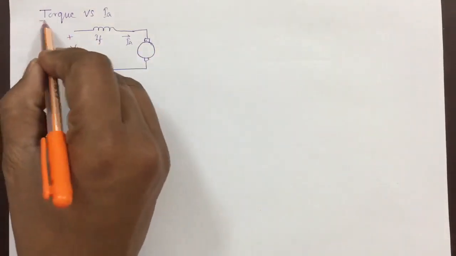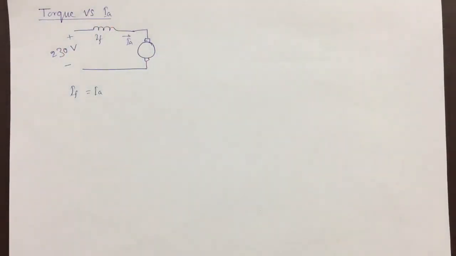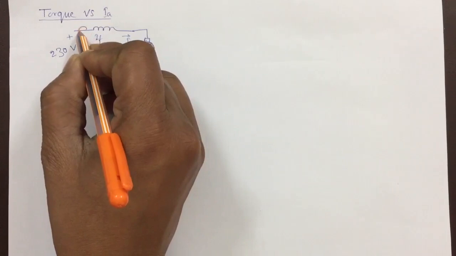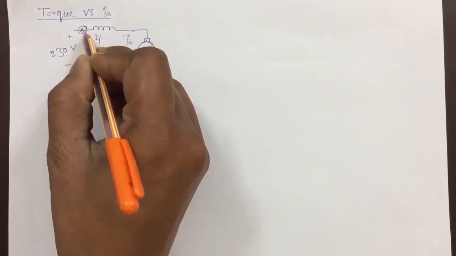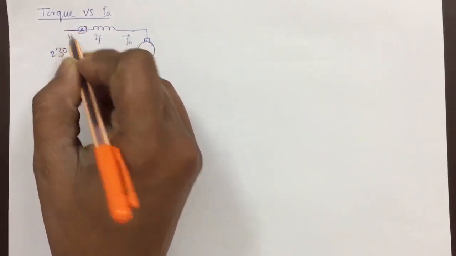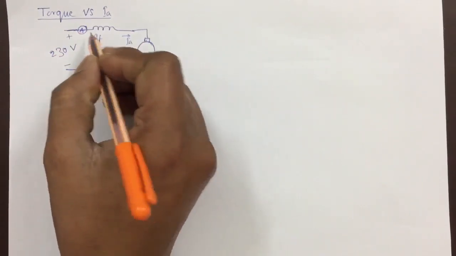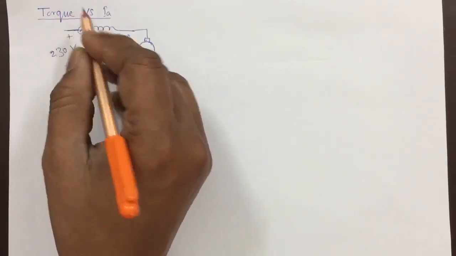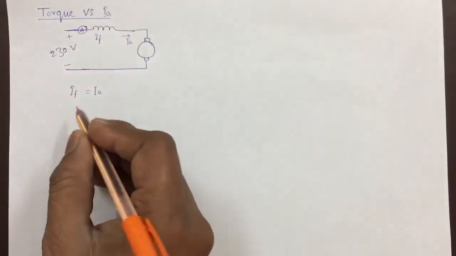Now what do we have to plot? We have to plot torque versus IA. To measure the IA, we will set up an ammeter here, and to measure the torque we will do some exercise.